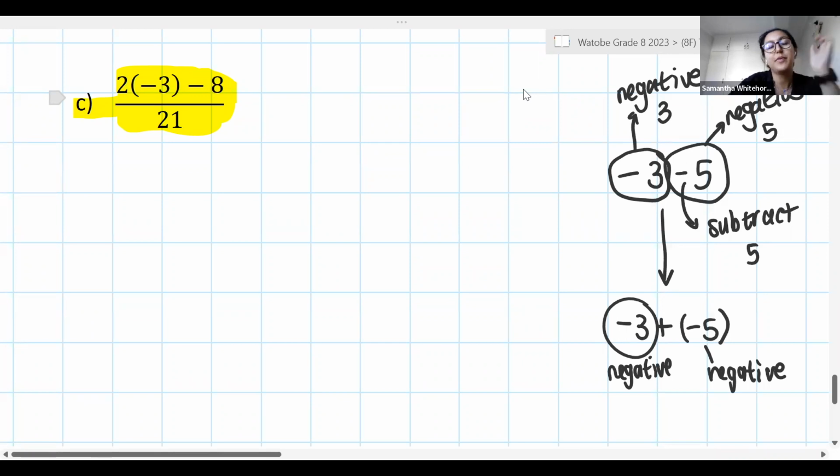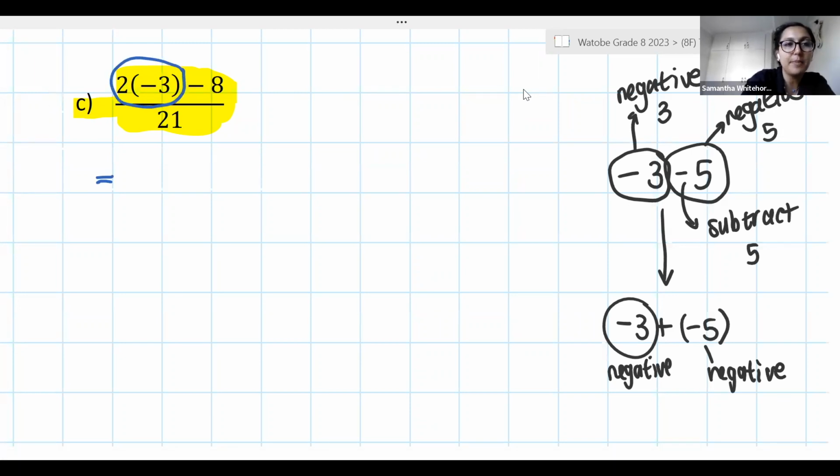Negative. Perfect. Okay, so let's see how we got that answer. The first thing I want to deal with is my multiplication. A positive times a negative is a negative, and 2 times 3 is 6. So we've got -6 minus 8 all over 21. Again, guys, the confusion between a negative and a subtraction, this is telling us the same thing.